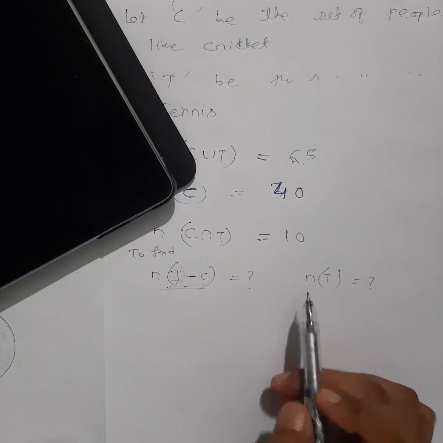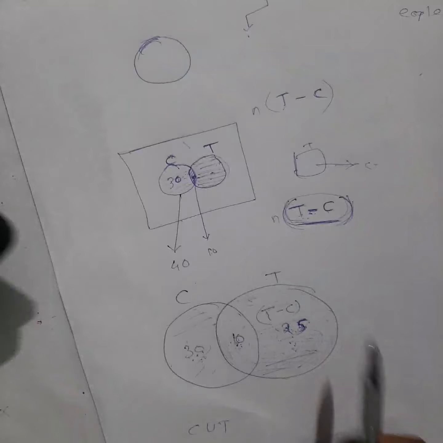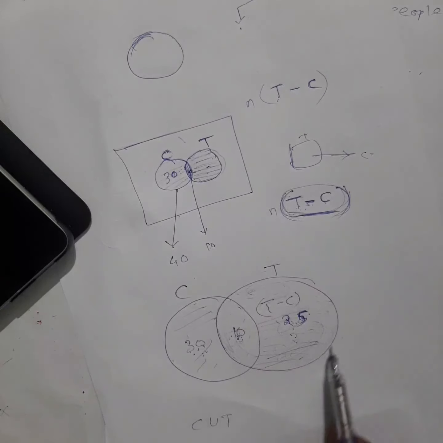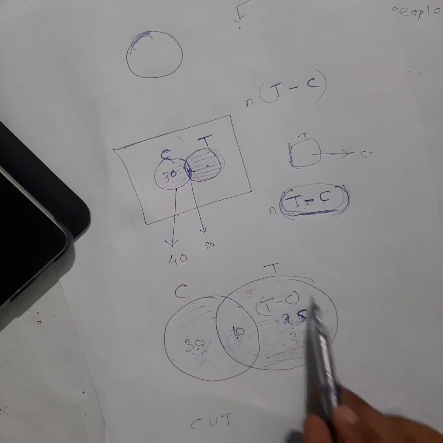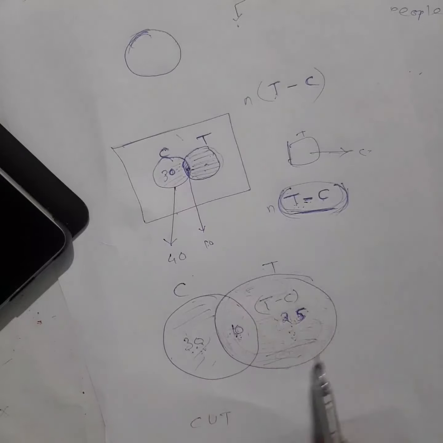And in the next part, they have asked how many people like tennis. So how many people like tennis according to the Venn diagram? These people like tennis. This is the set where the people who play tennis are. So you have to find out this one, set T. In set T, how many people are there?